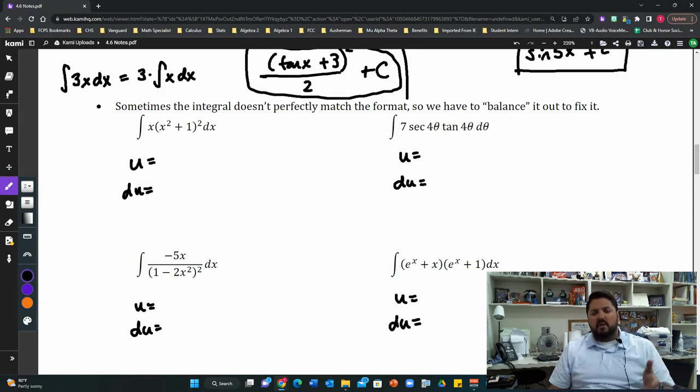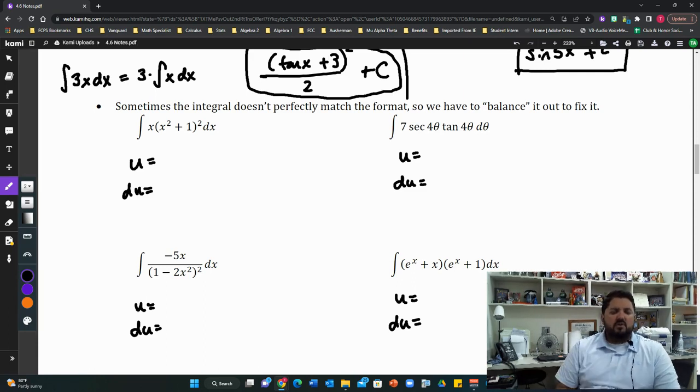Why that's helpful is sometimes we either are going to have a coefficient that's missing, or we're going to have a coefficient that's not the right value. We need something else in there to match what our u and du would have to be. So because of that, we're going to be able to manipulate or kind of use this property to our advantage. And you'll see what I mean here in a second.